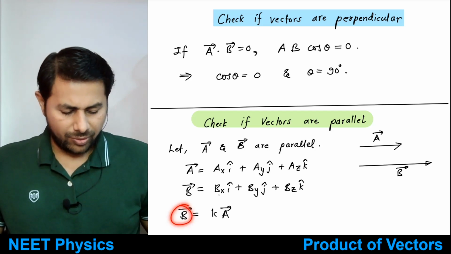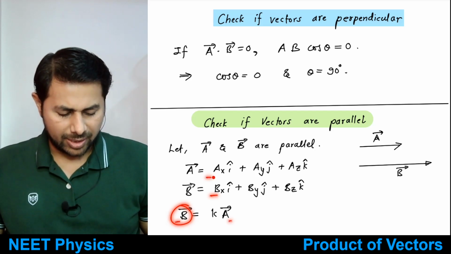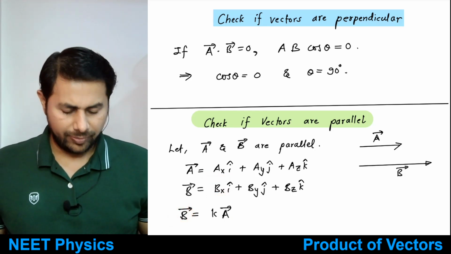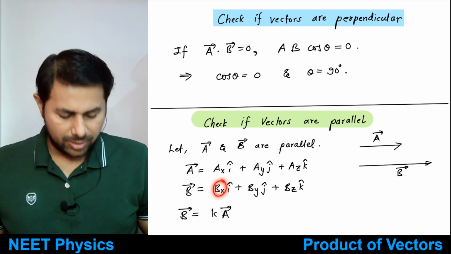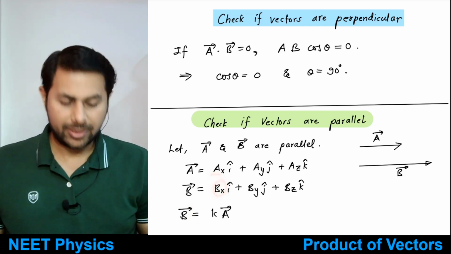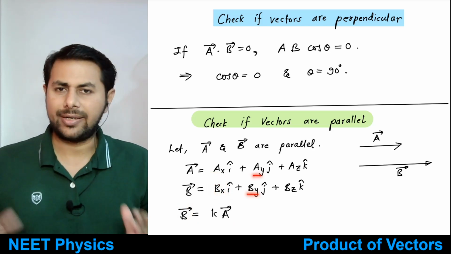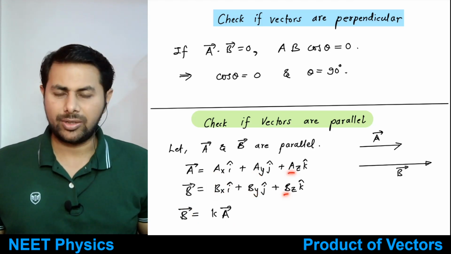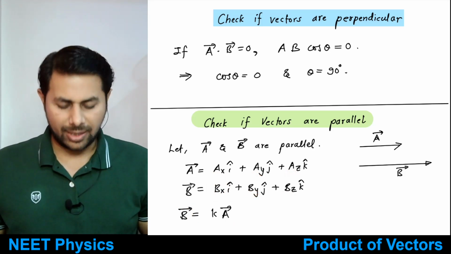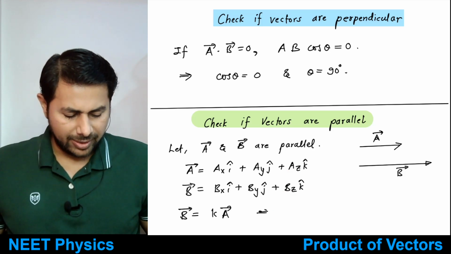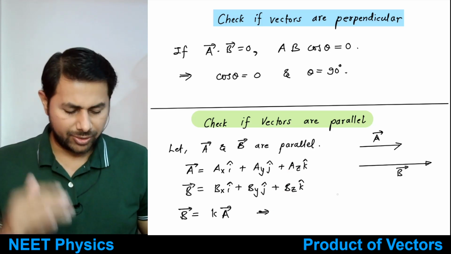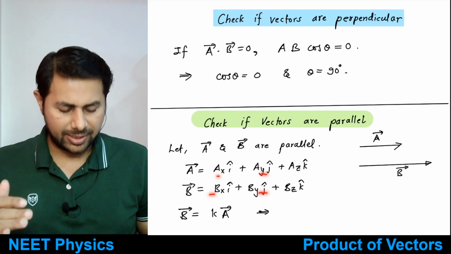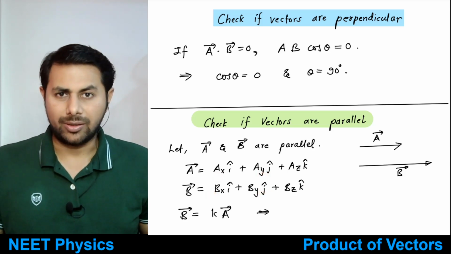And if you take b bar and a bar in component form, in resolved form, then bx will be equal to k times ax, by will be equal to k times ay, and bz will be equal to k times az. Right? So this will imply that if you take the ratio of the components along x, y and z axis, the ratio will be equal.